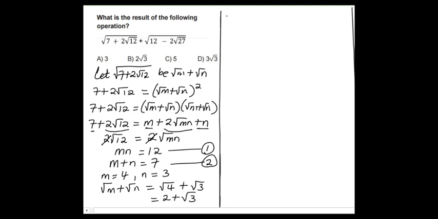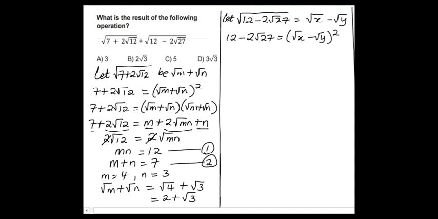For the next one, you say that the square root of 12 minus 2 root 27 is equal to root x minus root y. Let's use x and y now. Squaring both sides, 12 minus 2 root 27 will be equal to root x minus root y all squared.